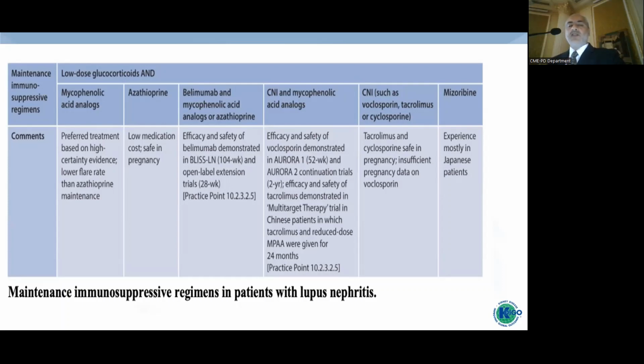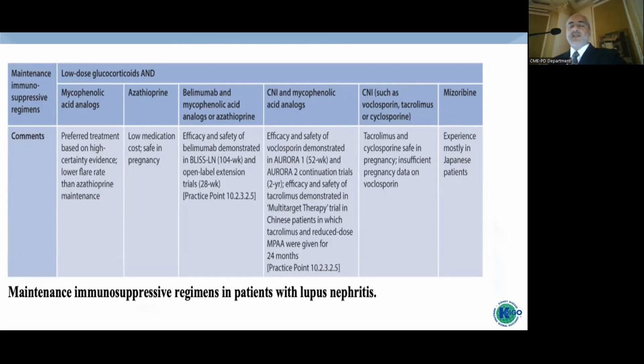Combining mycophenolate with CNI is also a protocol that can be implemented for patients who are having a complete or partial remission with a GFR of more than 45 milliliter per minute, with close monitoring of kidney function tests.